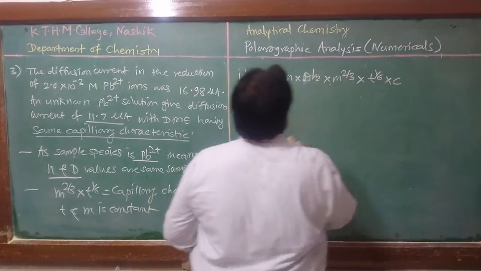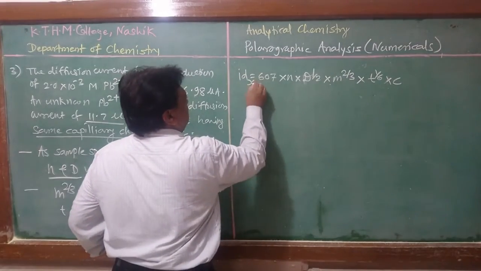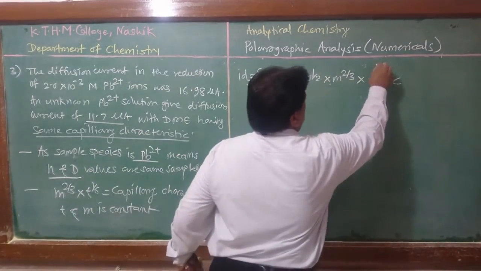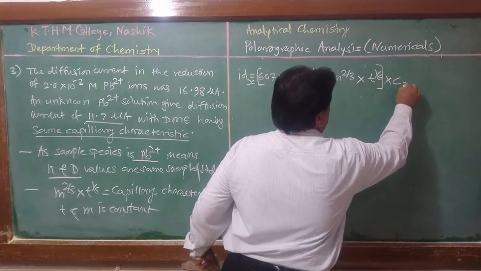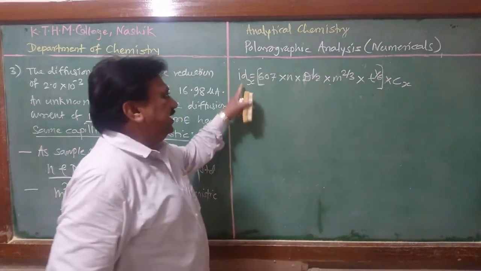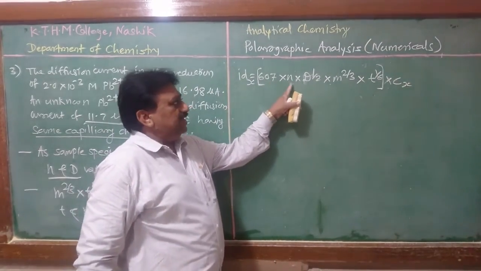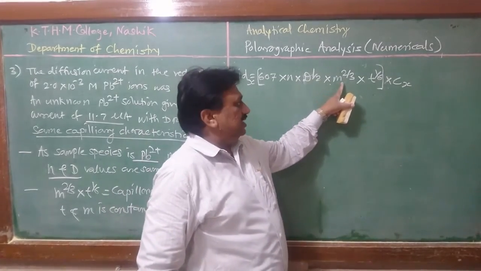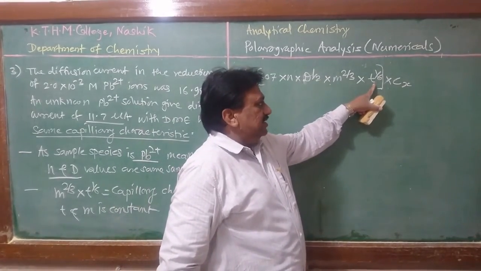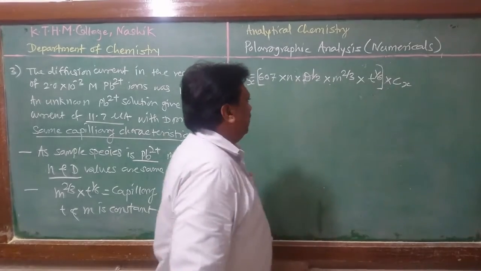Therefore, by the comparative method we can write IDX for the sample, that is IDX is equal to 607 into n into D raised to half into m raised to 2 by 3 into t raised to 1 by 6 into Cx.